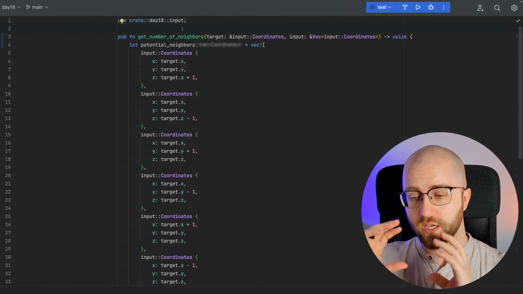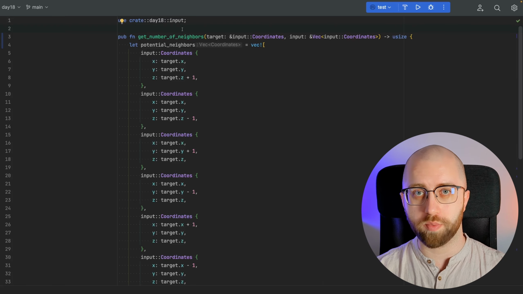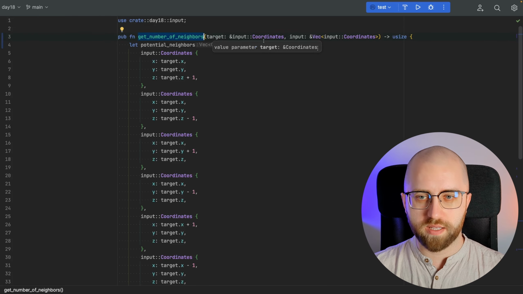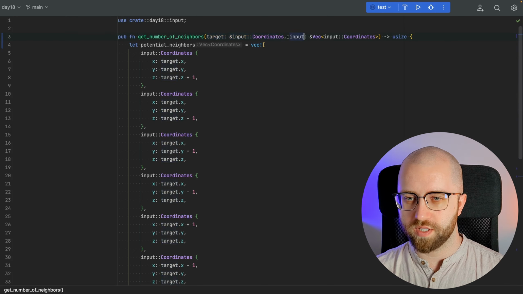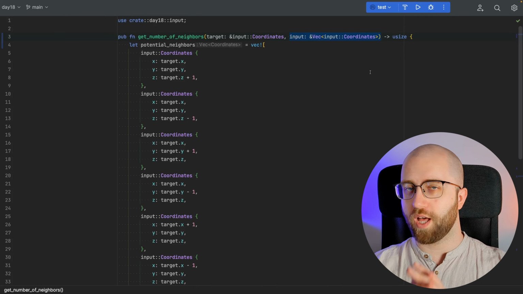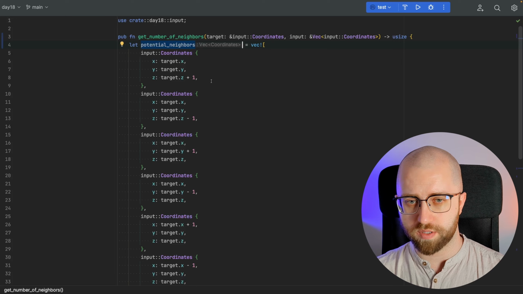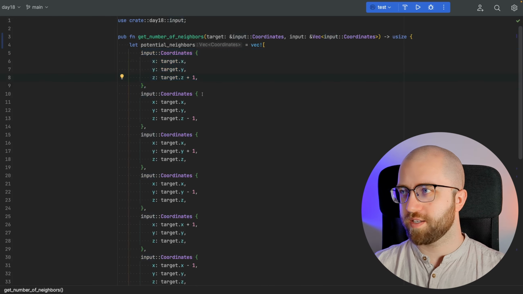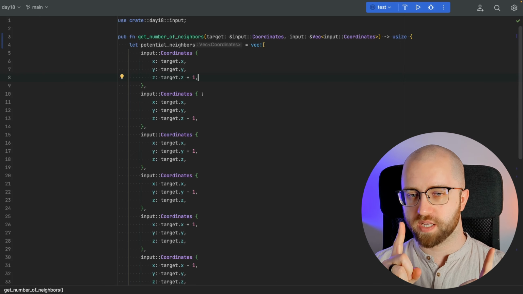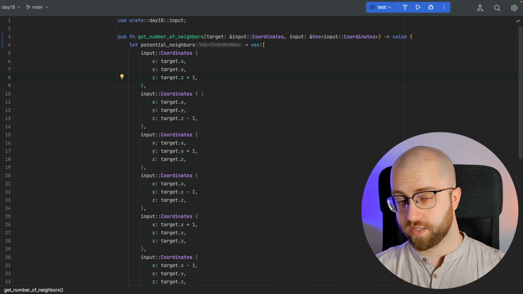We're looking at each of the cubes and then we calculate how many neighbors that cube has. To get that, we need to target a specific coordinate, or rather a specific cube. Then we also need the whole input or all other cubes. What we do is we build the potential neighbors, which is 6 cubes, all of them moved by one space in either X, Y or Z axis.